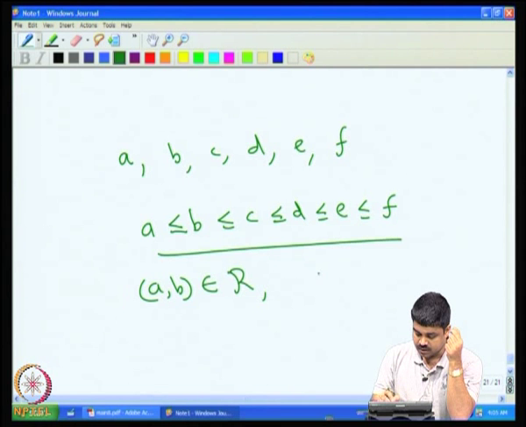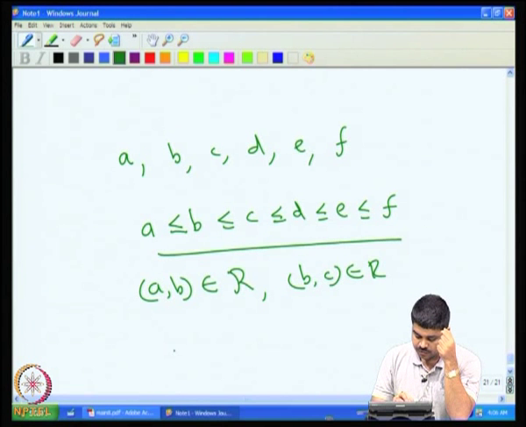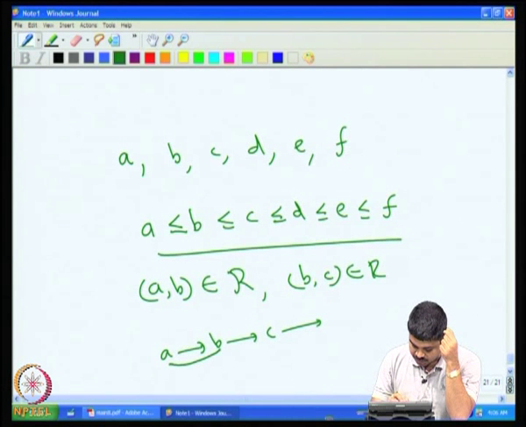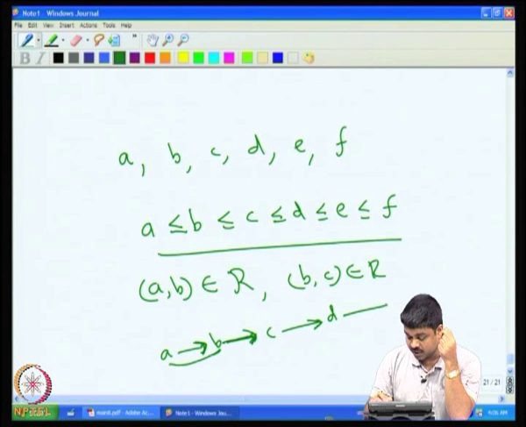In a directed graph notation we will have A to B, B to C edges, because the AB pair is represented by a directed edge here. The BC pair is represented by a directed edge from B to C, the CD pair by a directed edge from C to D, and so on.